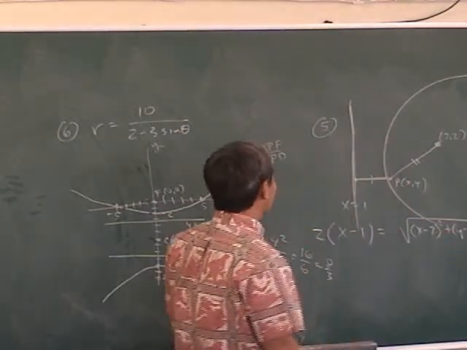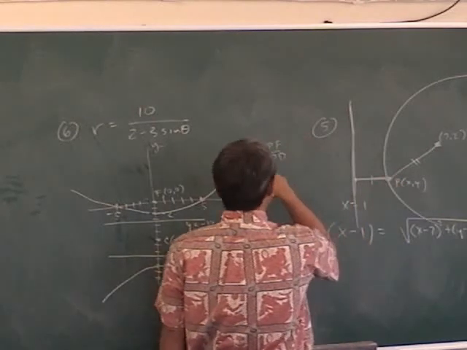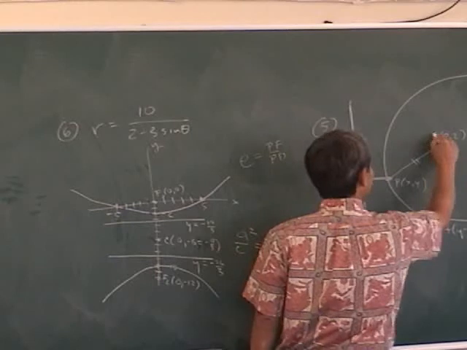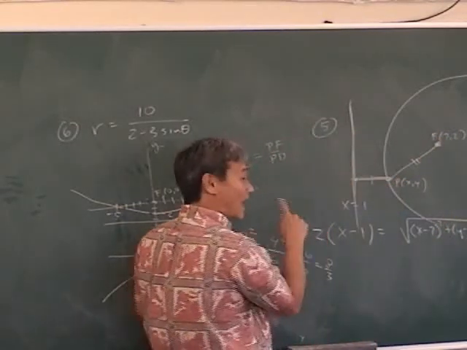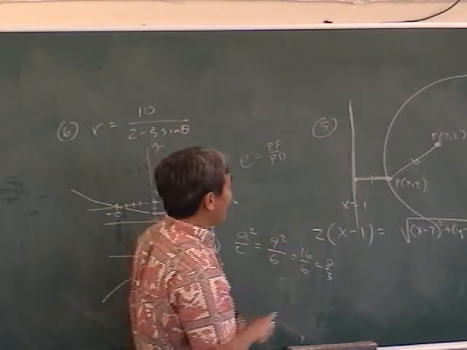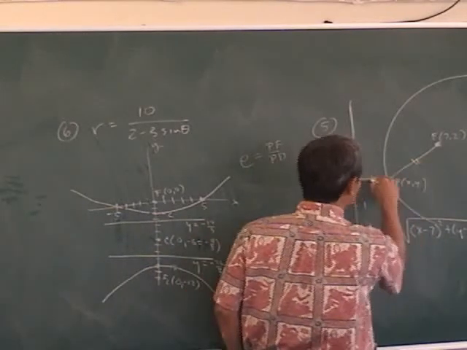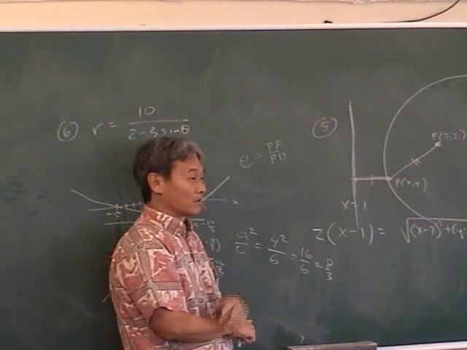How do you tell? Well, you look at the eccentricity. If this is a point on the conic section, the eccentricity is PF over PD. Point to focus, that's what PF is, and point to directrix is PD. That ratio always stays the same in a conic section. So in this case, what is the ratio of PF over PD if this distance is double that? It's 2, so if the eccentricity is 2, that means it's a hyperbola.